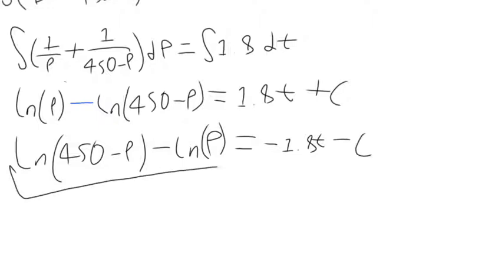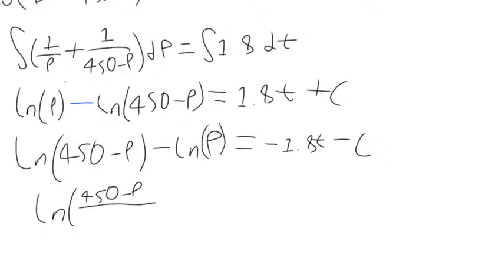Now I have the difference of two natural logs over here. I can write that as the natural log of a quotient. So natural log of 450 minus p over p equals negative 1.8t minus c.